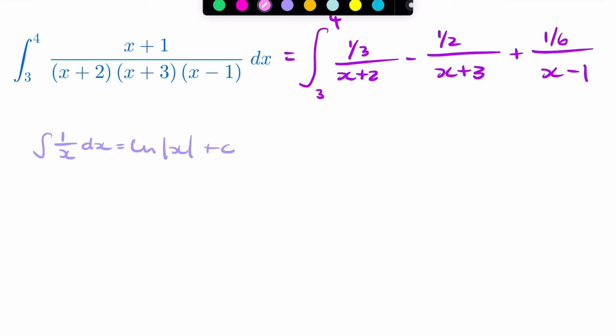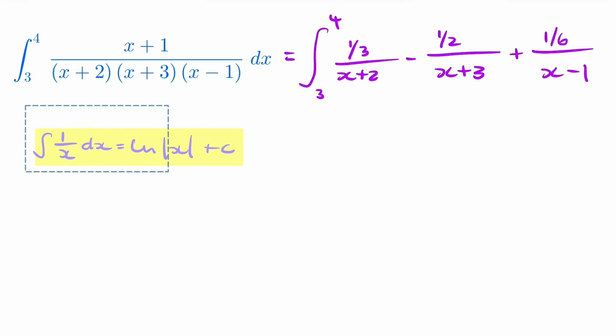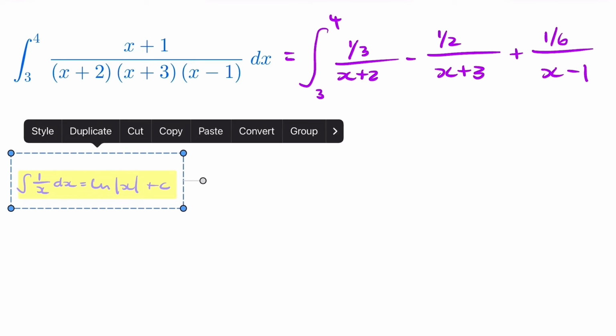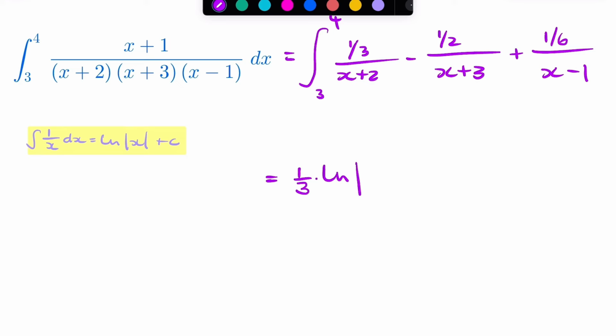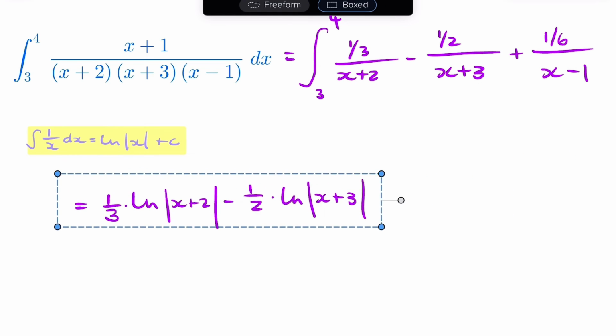So using that, it's fairly easy to integrate my three fractions. It's simply going to be 3 natural logs. So I can write the answer as 1/3 times ln x plus 2 minus 1/2 ln x plus 3.